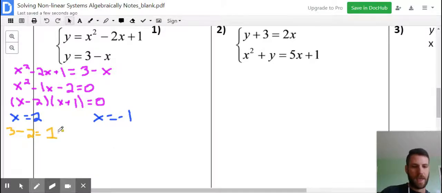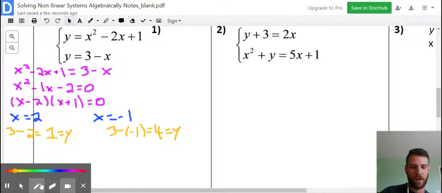And that would be equal to my y value of my first point, 2 comma 1. And then over here, I would do 3 minus negative 1, which equals 4. And that is my y value over here, which means I have my two answers.